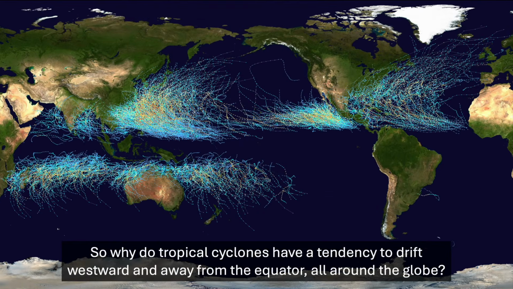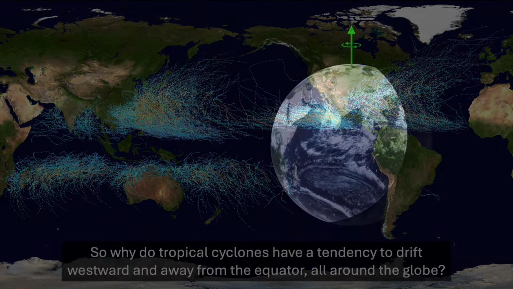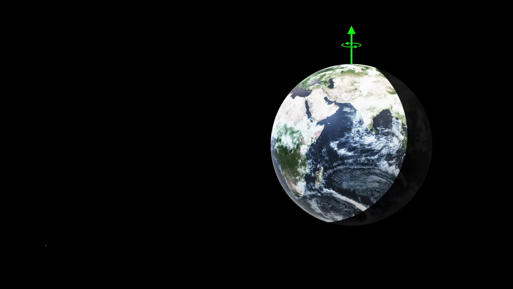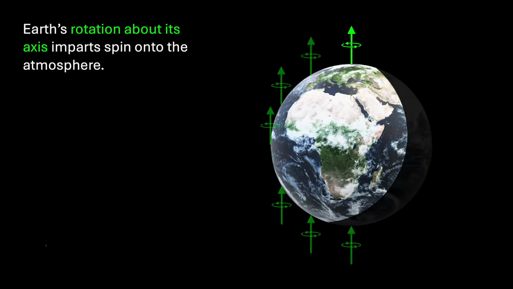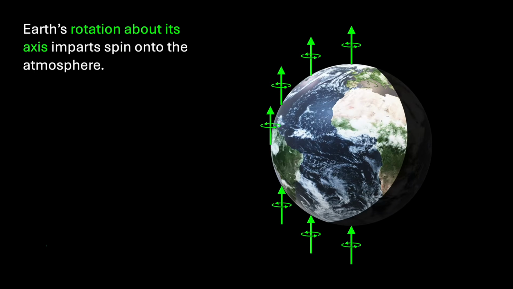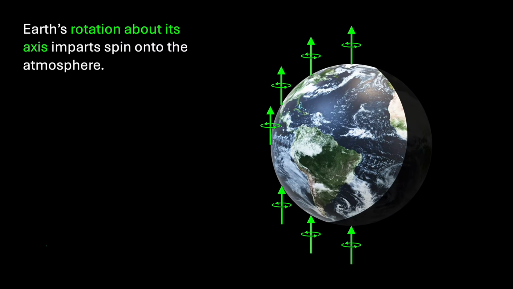So why do tropical cyclones have a tendency to drift westward and away from the equator, all around the globe? Well, Earth's rotation about its axis imparts spin onto the atmosphere.